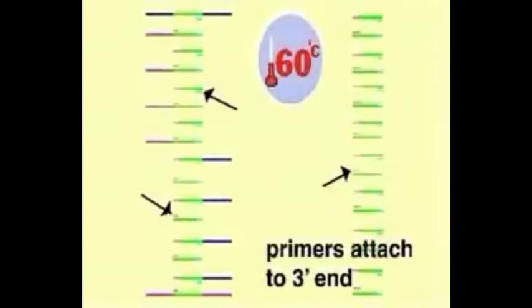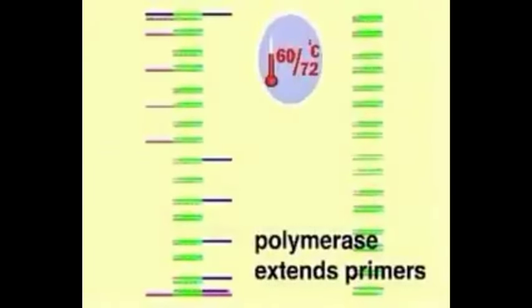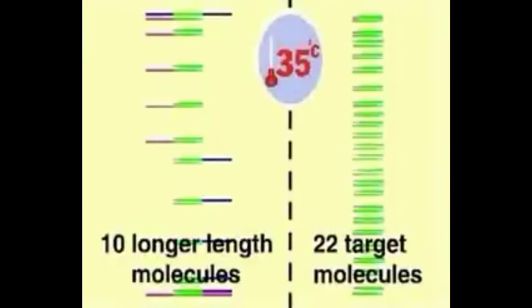In cycle 5, the heating, annealing and synthesis steps are repeated. By the end of cycle 5, there are 22 target molecules and 10 longer ones. The number of target sequences continues to grow exponentially at each cycle.